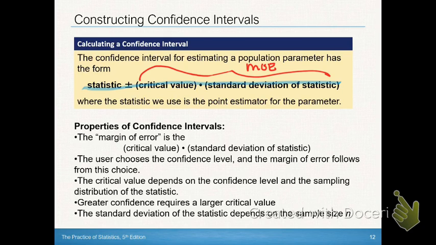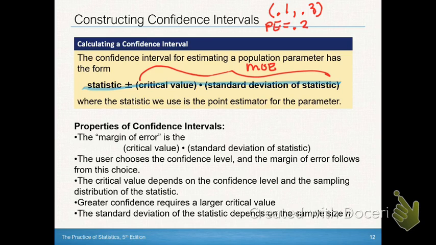Something else you should be able to do, for example, in the problem I gave you earlier where my interval was 0.1 to 0.3, you should be able to look at an interval like this and work backwards to figure out which number was in the middle. So the number halfway between 0.1 and 0.3 is 0.2, so that meant that my point estimate was 0.2.